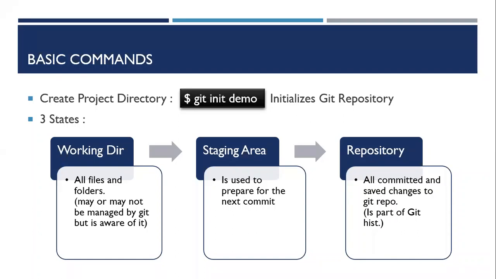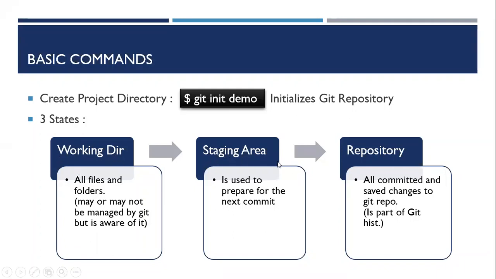All files and folders may or may not be managed by Git, but Git is aware of them. Like I showed in git status, Git is aware that we have one untracked file which is not managed by Git. So that is the working directory stage.